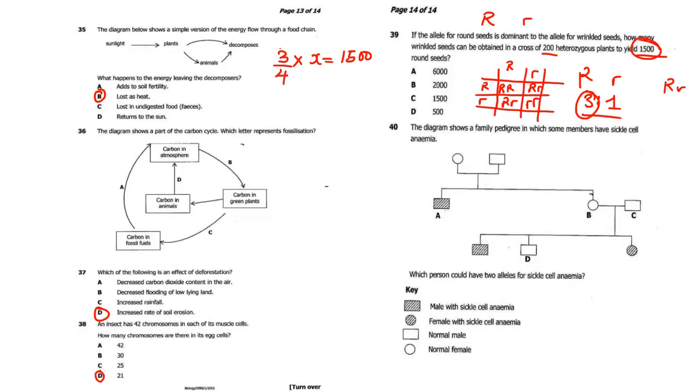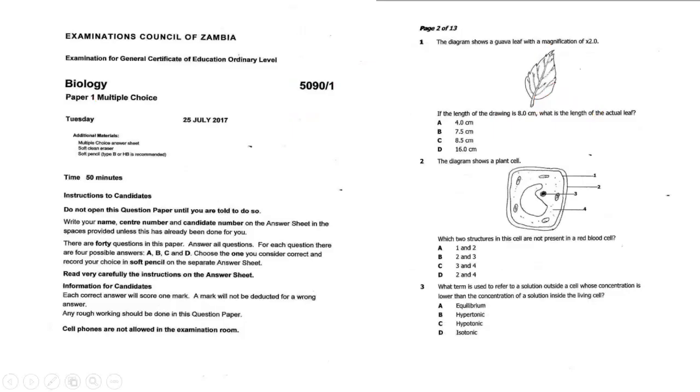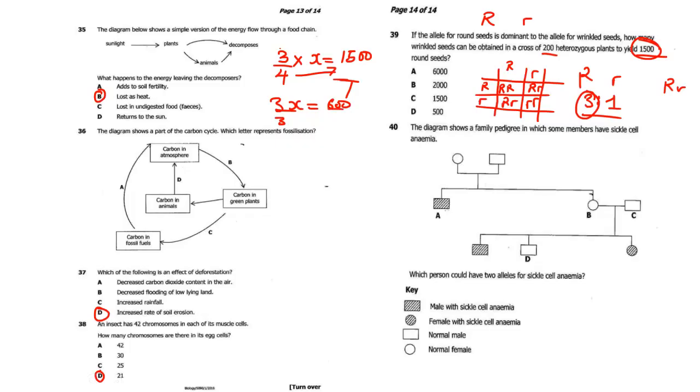So we are going to have 3x equals 6,000. Divide both sides by 3, and x is equal to 2,000.